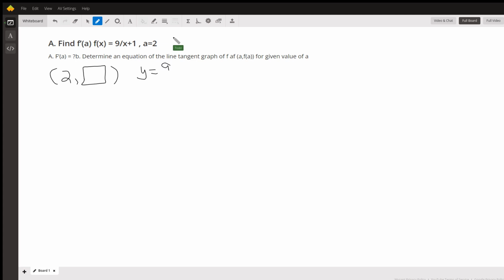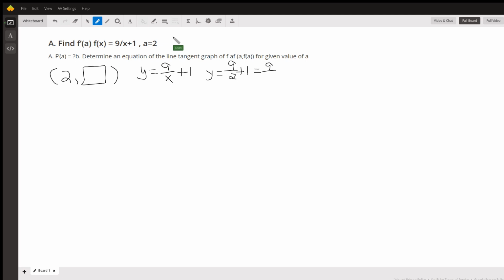So my equation is y equals 9 over x plus 1. I can find my y coordinate by putting 2 in for x. So that would be 9 over 2 plus 1.